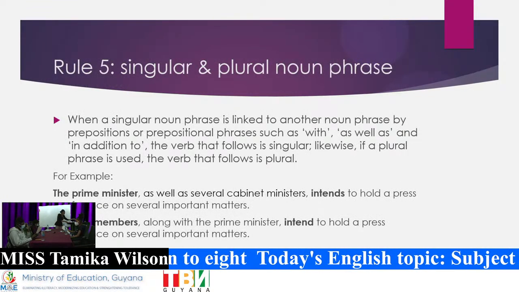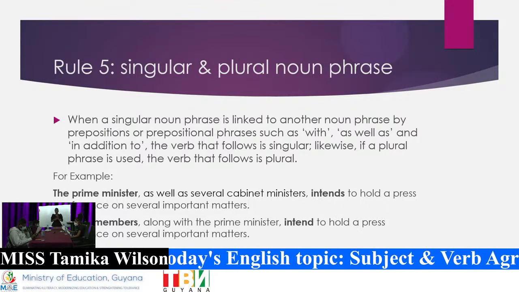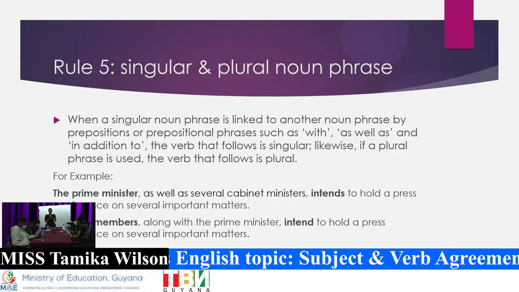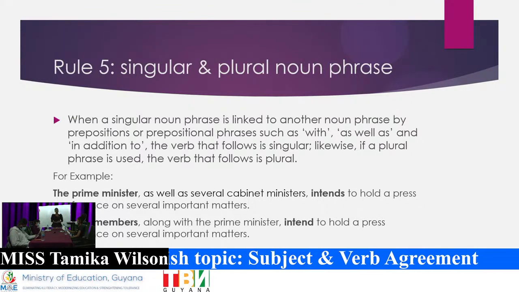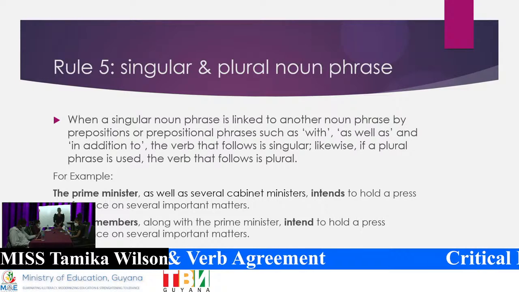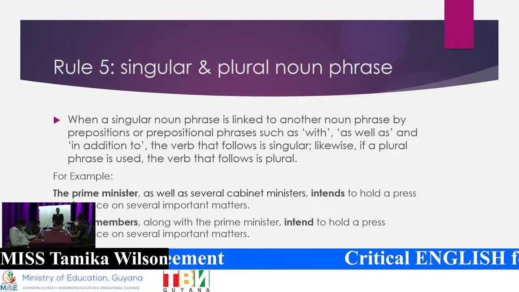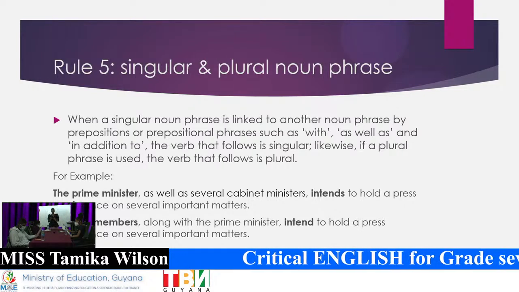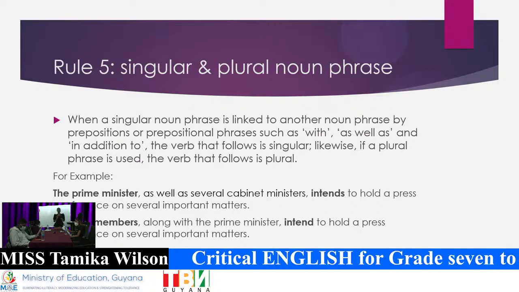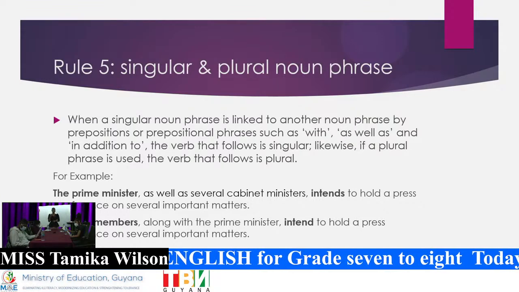Good. So remember I was telling you about how it gets a little bit complicated? But these are the things that we have to do so that we can improve our writing. Now this one says singular or plural noun phrase. When a singular noun phrase is linked to another noun phrase by a preposition or prepositional phrases such as with, as well as, and in addition to, the verb that follows is singular.